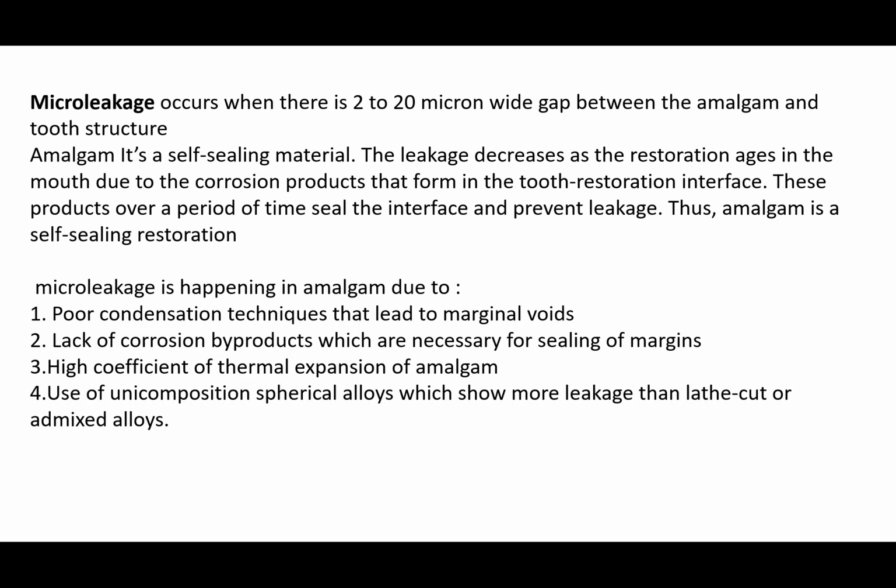These products, over a period of time, seal the interface and prevent leakage. But microleakage can happen due to poor condensation, lack of corrosion byproducts, or use of unicomposition spherical alloy, which shows more leakage than lathe cut or admixed alloy, which has better proximal contact.